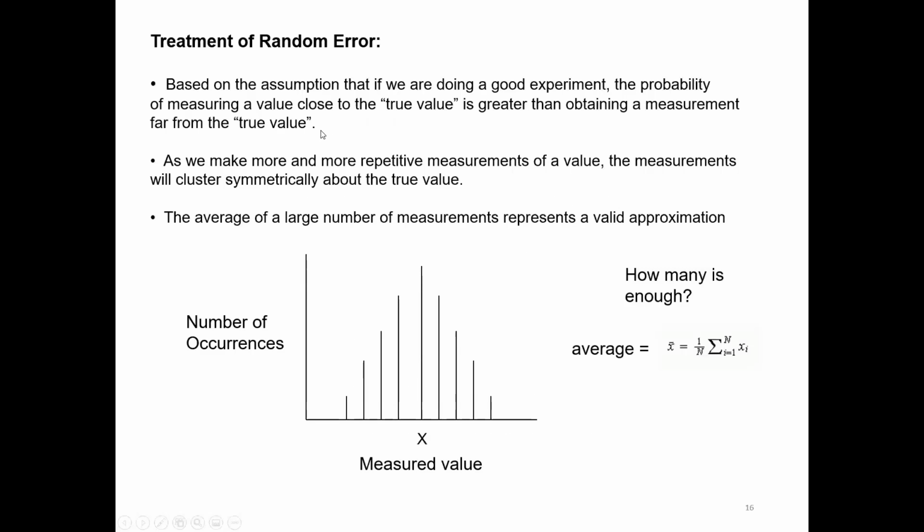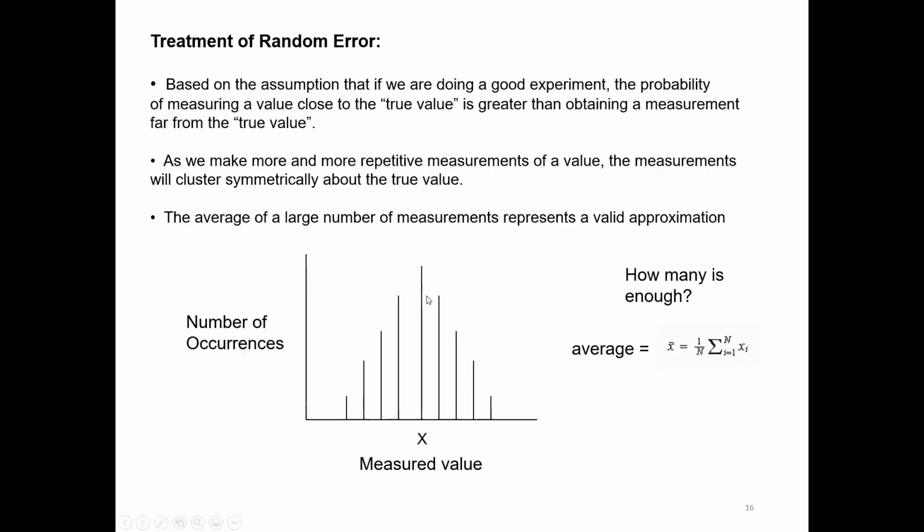If we have random errors, the treatment for random errors usually uses some statistics. There is an assumption that if we are doing a good measurement, the probability of measuring a value close to the true value is greater than that of a measurement far away from the true value. So if the true value is here, this axis is probability or number of occurrences.